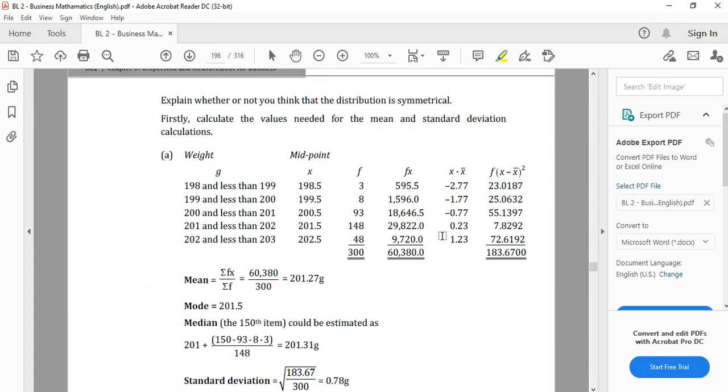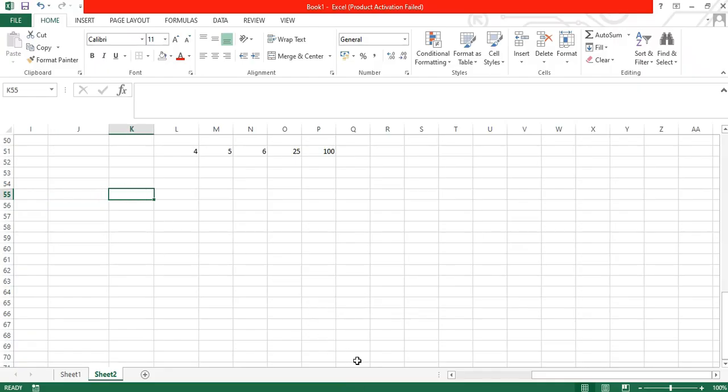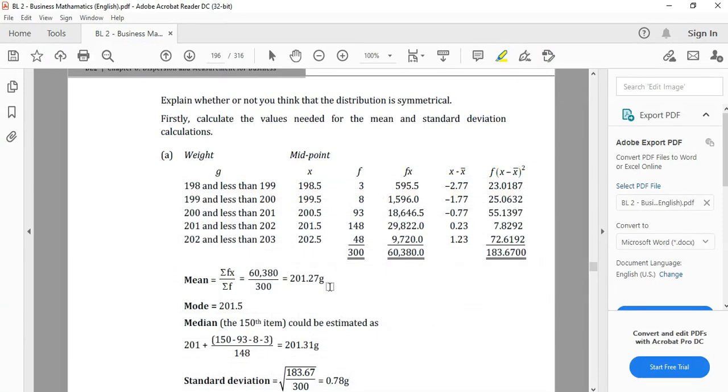Now first of all, since this is continuous data, they have considered the midpoints in decimals. Between 198 and 199, the gap is only 1, so there has to be a middle value.